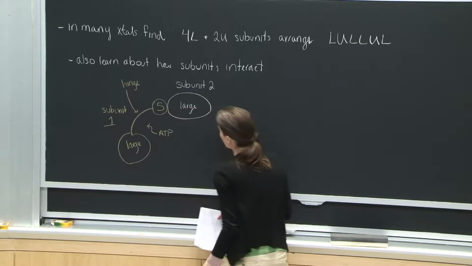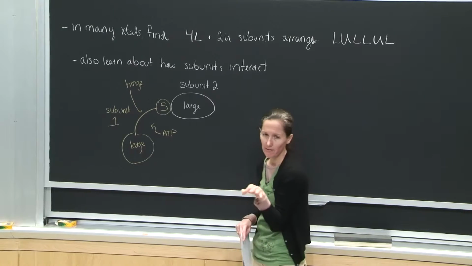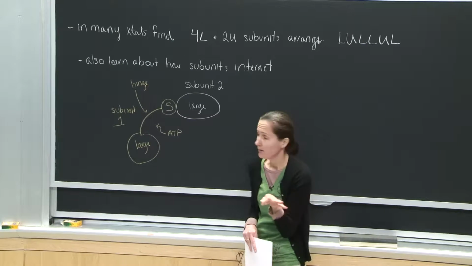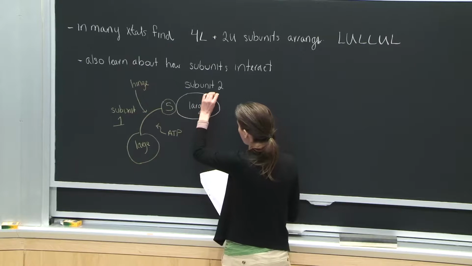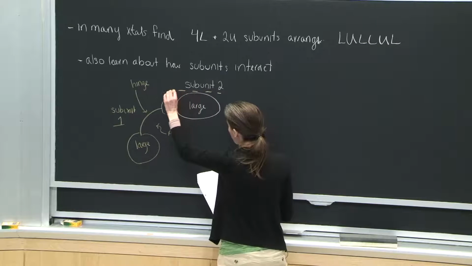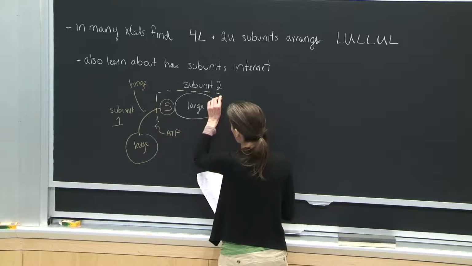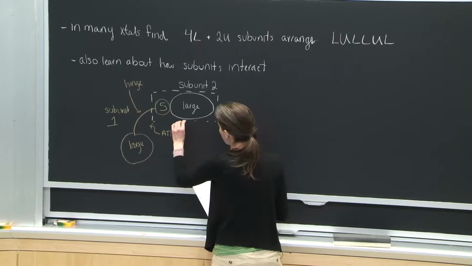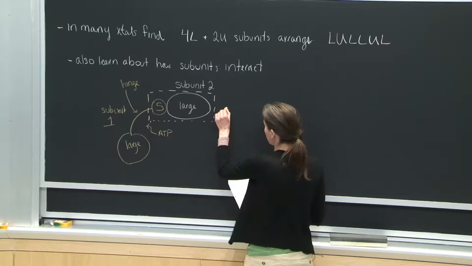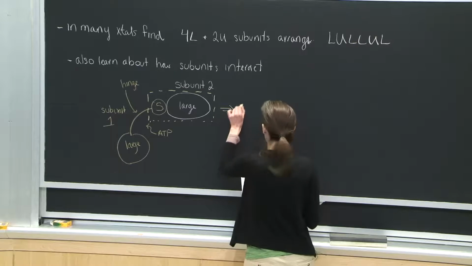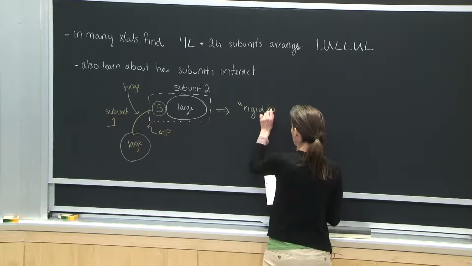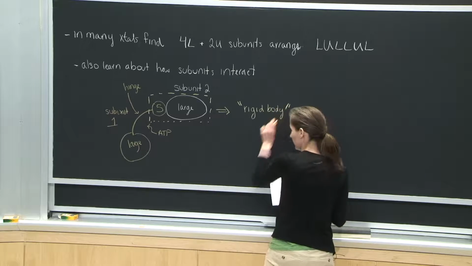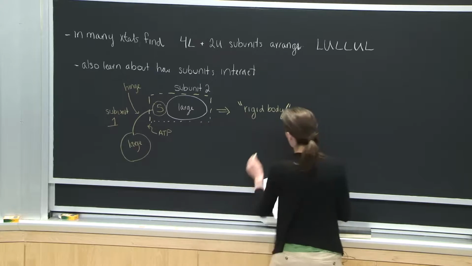And then what's been defined as something called a rigid body. Okay. And so this rigid body is comprised of the large domain of one subunit and the small domain of the next. Okay, rigid body.